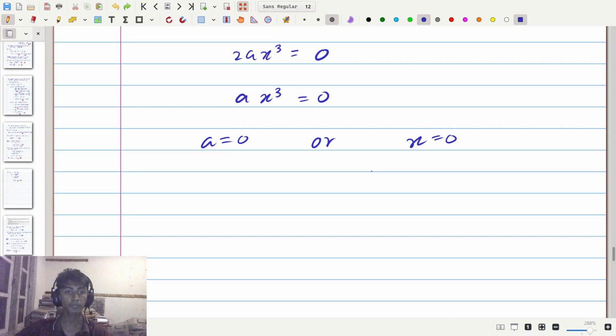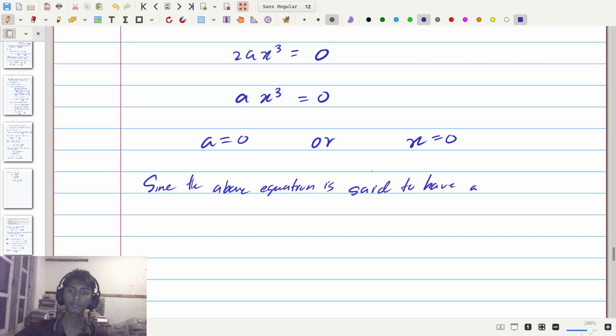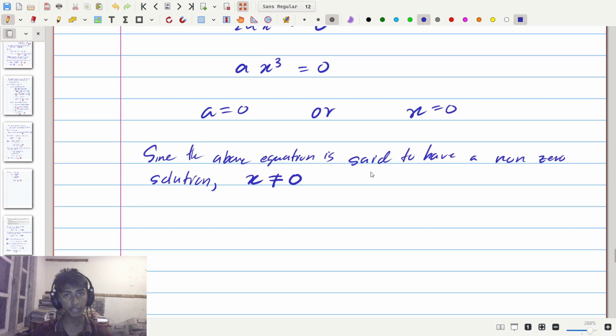So we can say since the above equation is said to have a non-zero solution, we can conclude that x is not equal to 0. Now if x is not equal to 0, the only other viable solution is a equals 0, and we can say therefore a must be equal to 0, and with that we have found that a is equal to 0.